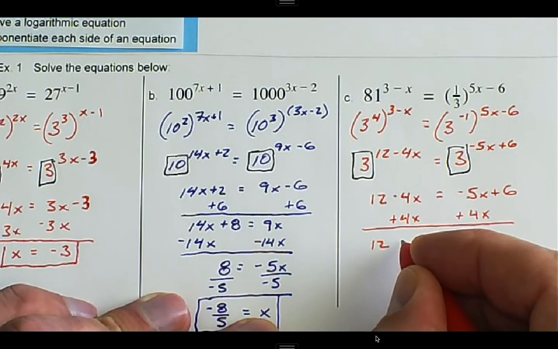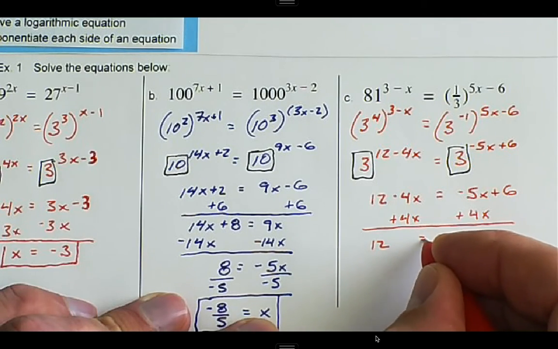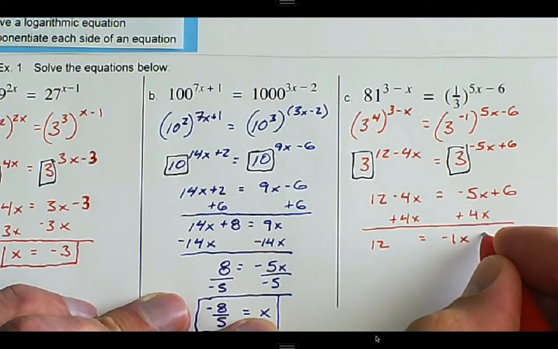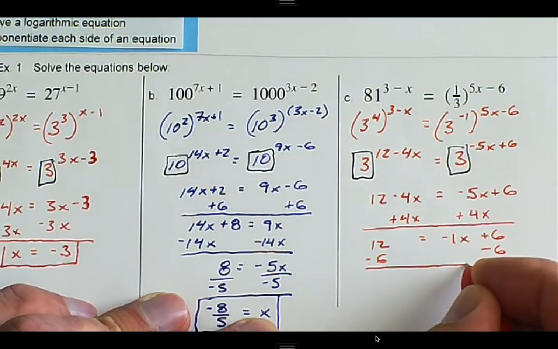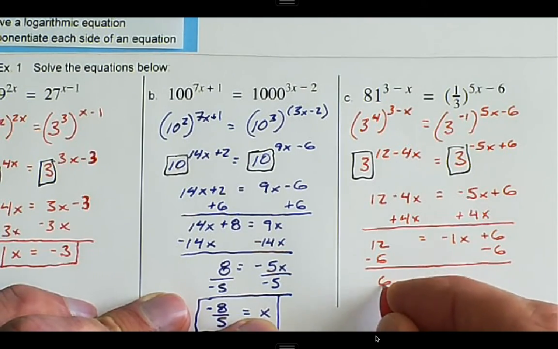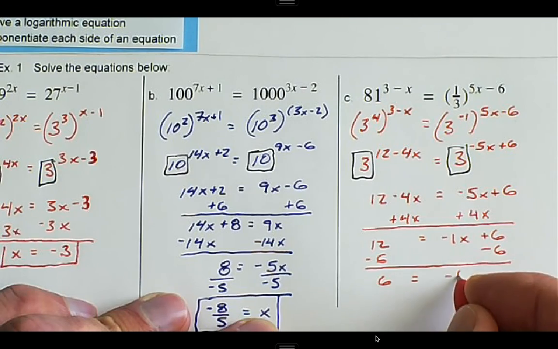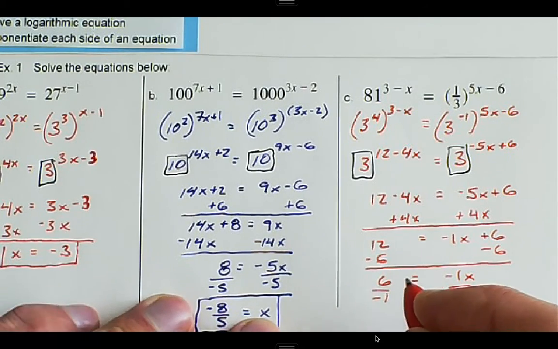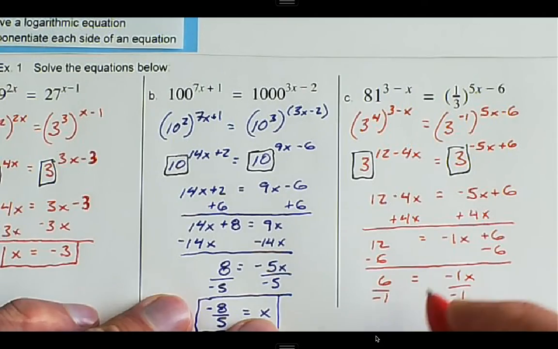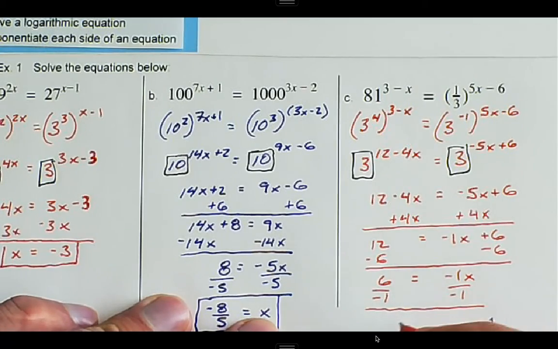And we get 12 is equal to negative 1x plus 6. Then we can subtract 6. 6 is equal to negative 1x, divided by negative 1. And we get x. Then we get negative 6 is equal to x.